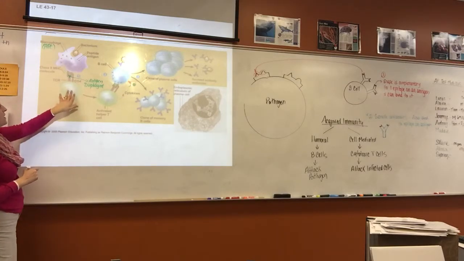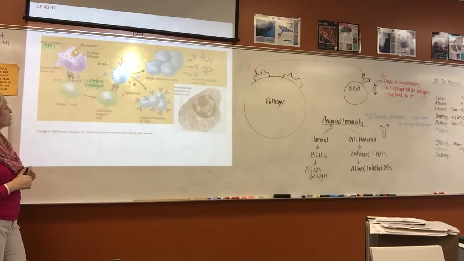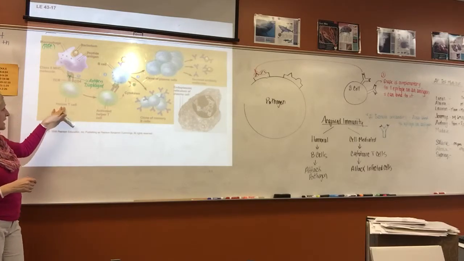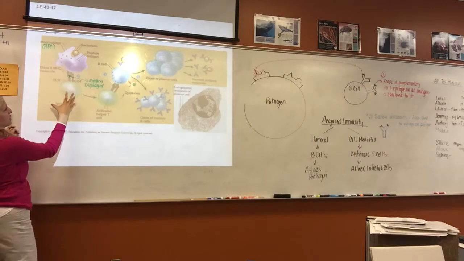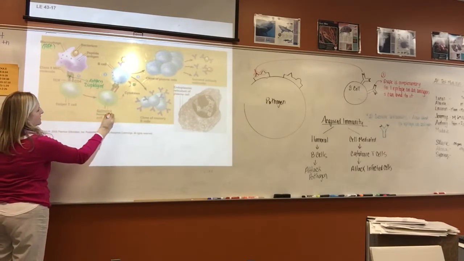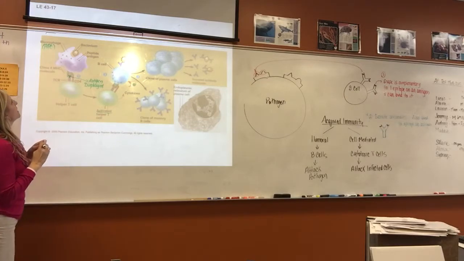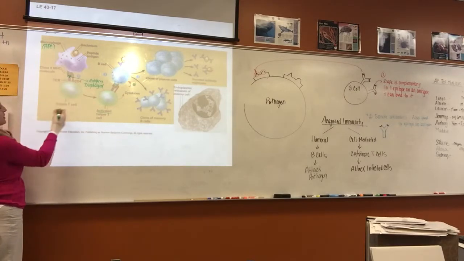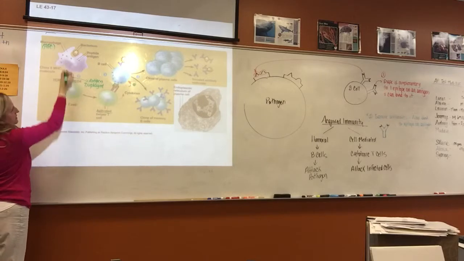And then a couple of things are going to trigger the activation of a helper T cell. So notice here, from this picture to this picture, our helper T cell becomes activated. So we're going to write here what causes those to become activated.